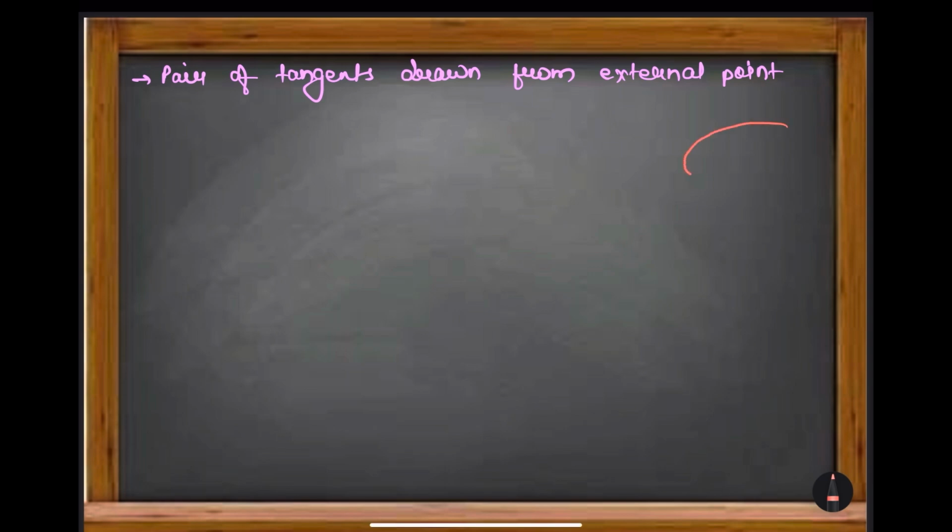Now this time, your point will be staying outside the curve and you have to write down the equation of tangent. So you know that if the point is outside, then we will have two tangents. So you have to write down the equation of two tangents. This concept we have studied in circle, parabola, and right now we will study in ellipse.